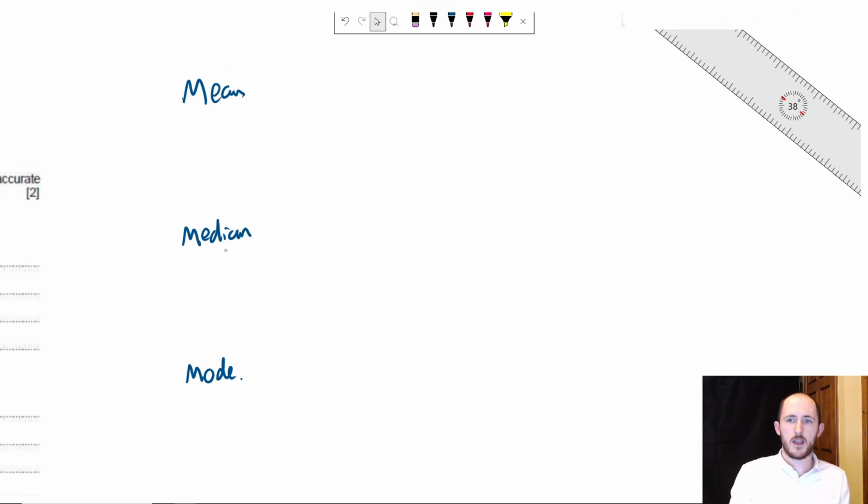The mean's positive is that it takes into account all values. They can also ask you to evaluate the mean, median, and mode. Now, the negative is that because it takes into account all values, it's affected by extreme values.